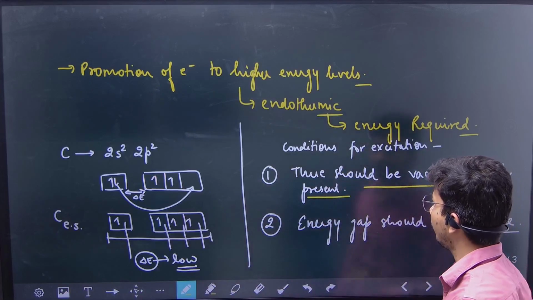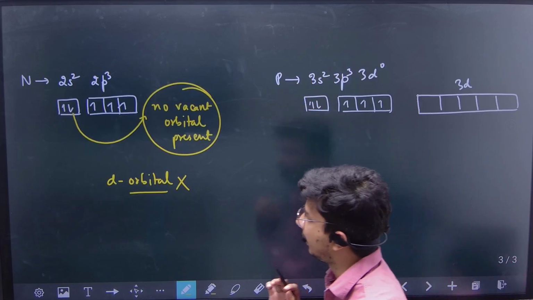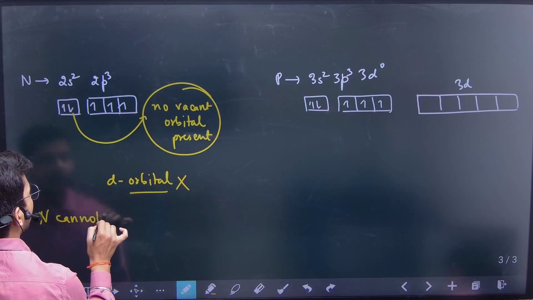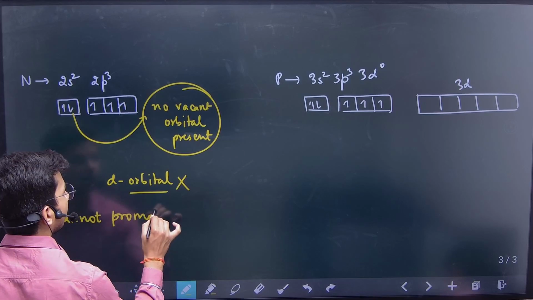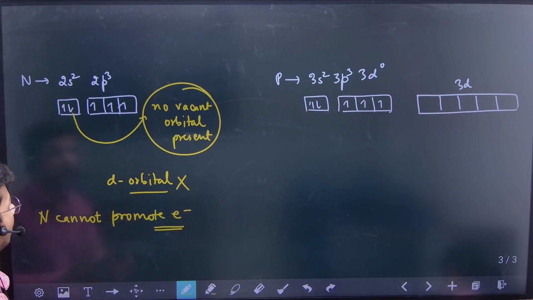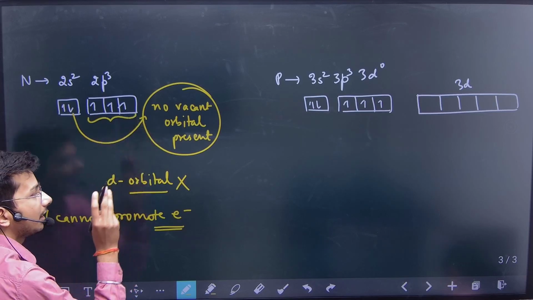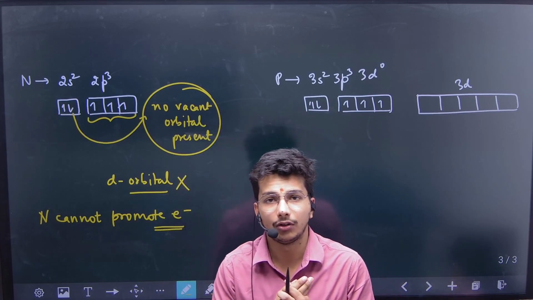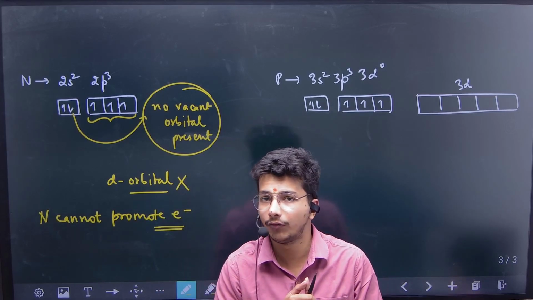Okay, nitrogen fails in the first criterion only, and hence nitrogen cannot promote an electron to a higher energy level, and hence we are going to see only three unpaired electrons, and hence in normal conditions nitrogen can form only 3 bonds.